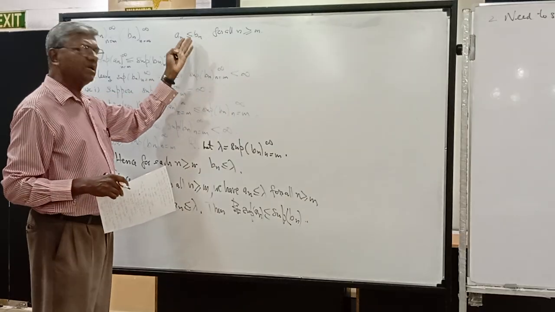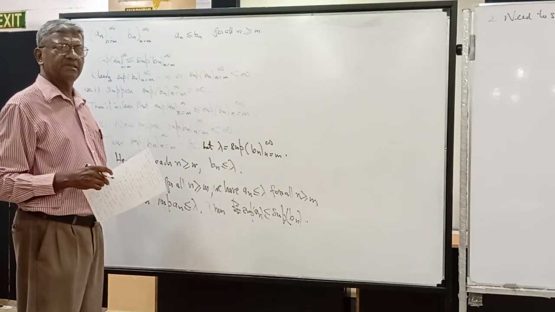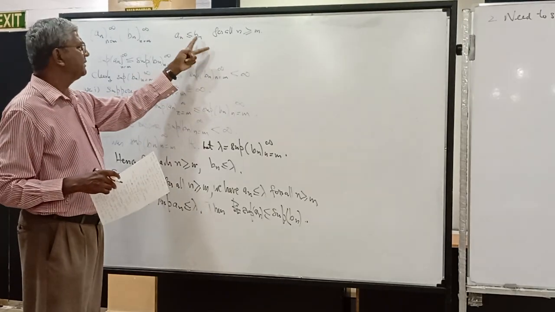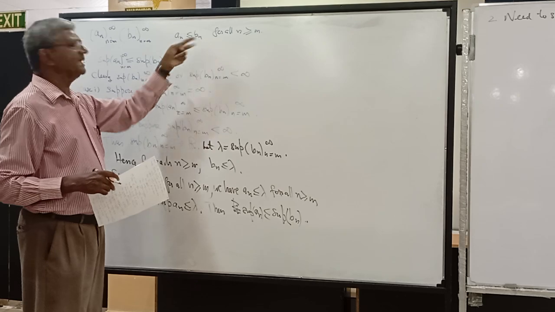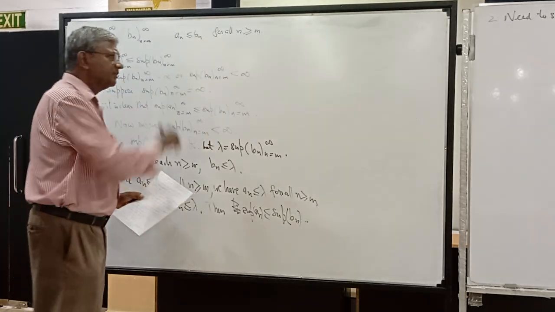This order is preserved by limits and lim sups and sups. If a n is less than or equal to b n, and both have limits, then limit a is less than or equal to limit b n. Order is preserved.